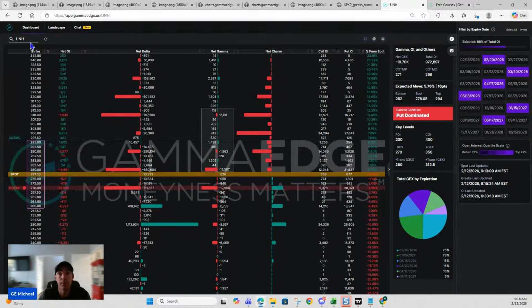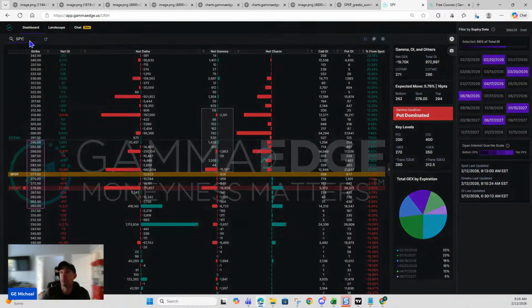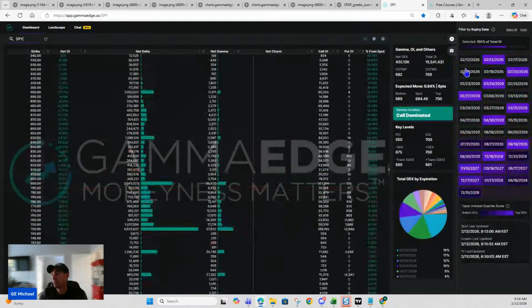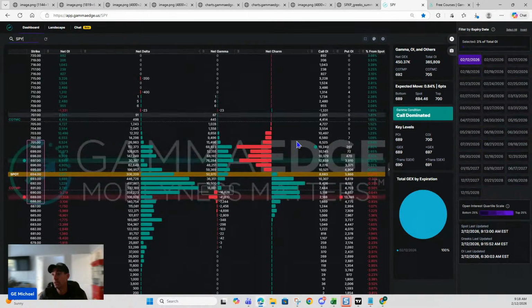So yeah, we can go through SPY real quick. For today, I'll look at SPY. So call dominated above and below spot price, supportive on any pullback down towards 689. We'll look at the chart here in just a second. 697 to the upside. Probably going to be a little bit difficult to get over because of the charm level, but supportive on any pullback really down towards 689.